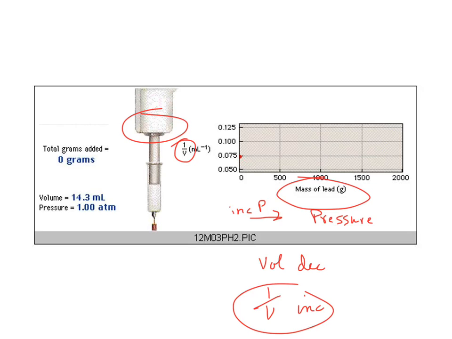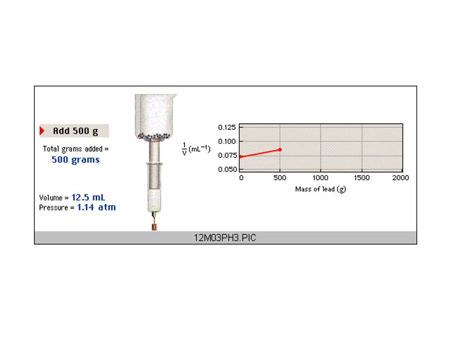So add shot, the plunger goes down, the volume's less, but 1 over the volume is more. Less is more. More shot, 1 over the volume is even more.